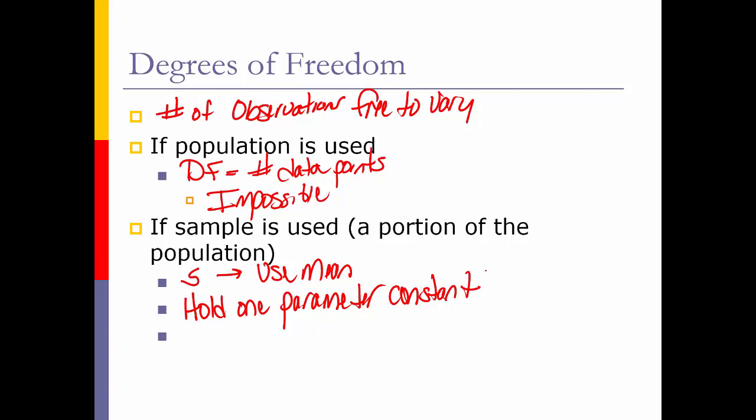If we're going to hold one parameter constant, that means the number of observations that are free to vary will be our sample size minus the mean that we're holding constant, which is 1. So that pretty much will hold true for the vast majority of all the statistics that we'll do this semester.